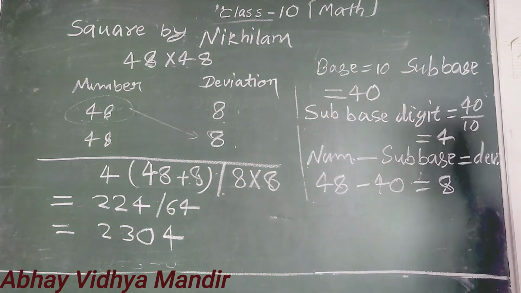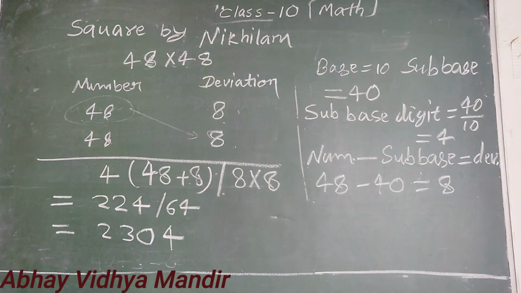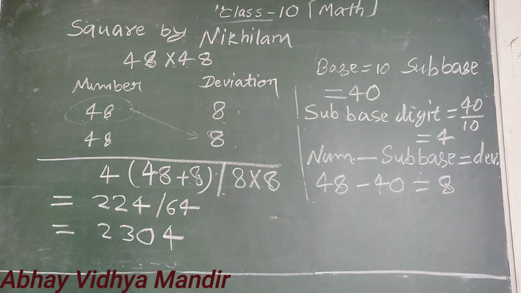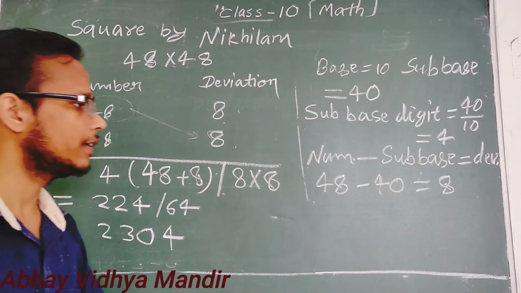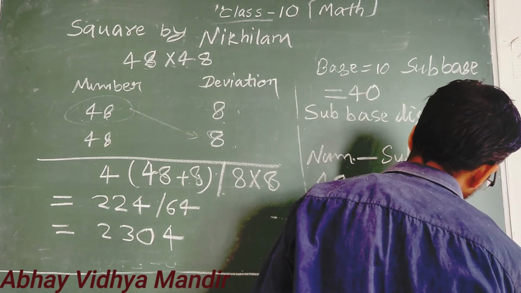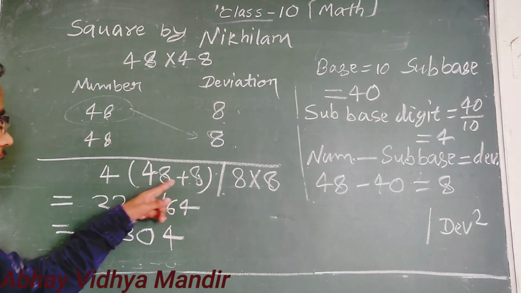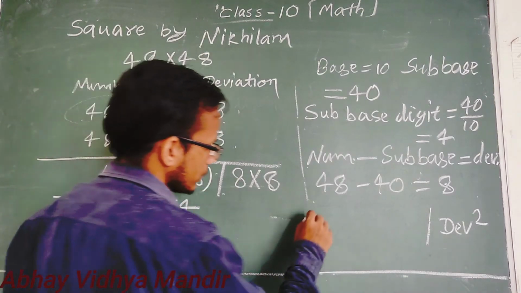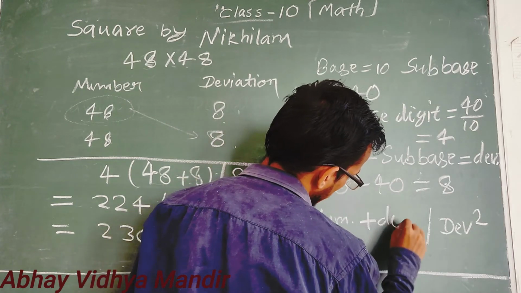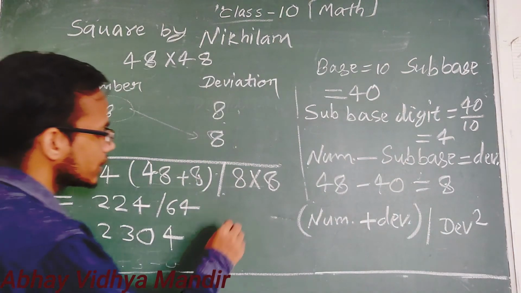Now, this is the basic method, but we need to solve by the formula because we have a formula. The formula comes from here. So what is that formula? Actually, the formula is this: deviation square, oblique, number plus deviation, and multiply with the sub-base digit.